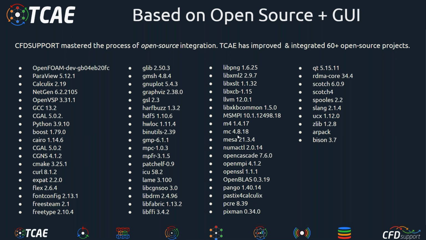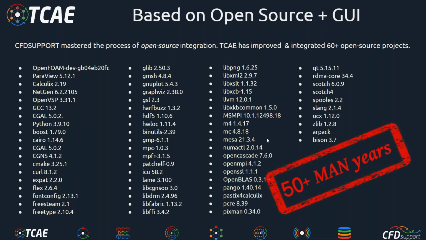It's completely flexible in terms of usage. An important point is that it's completely based on open source. We have mastered the process of acquiring open source code and making out of it a professional CFD code which is usable in the industry. That's very important. And on top of all the open source that is used, we've spent more than 50 man-years in development in a team, consistently making it better and better to be usable in the industry.